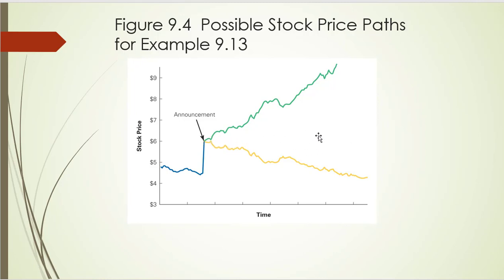It should be a flat line. However, if the market is not efficient, the price could go down, or it could go up, depending on the influences of this information.